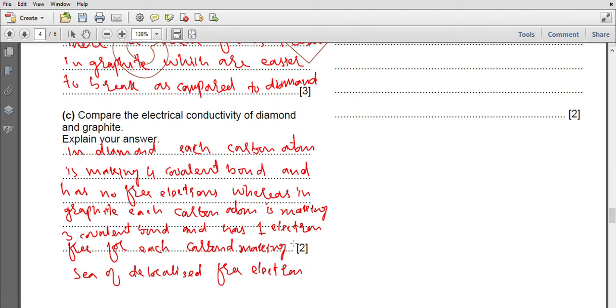So hence diamond is not a conductor, graphite is a conductor.